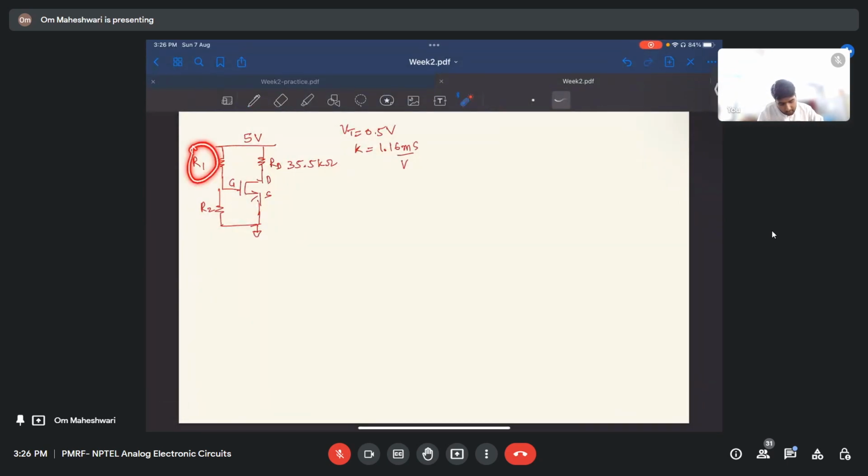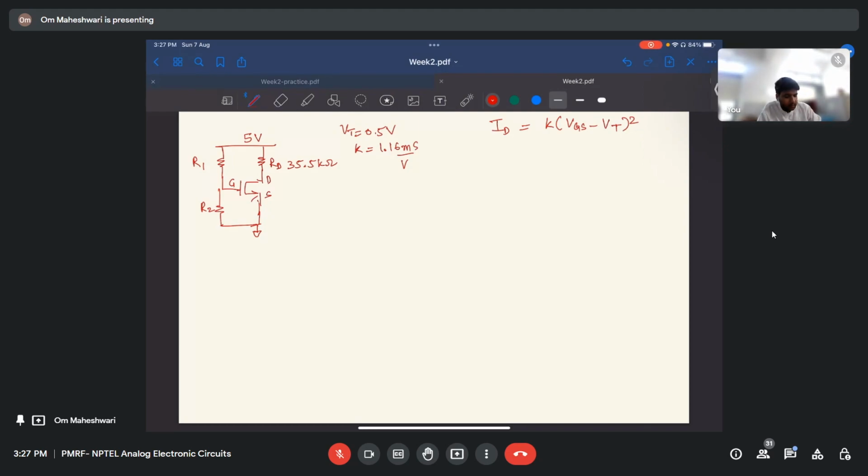So now we don't know R1 and R2. We know RD is this much. We have to find maximum ID so that it is in saturation. ID equals K (VGS minus VT) whole square, right?